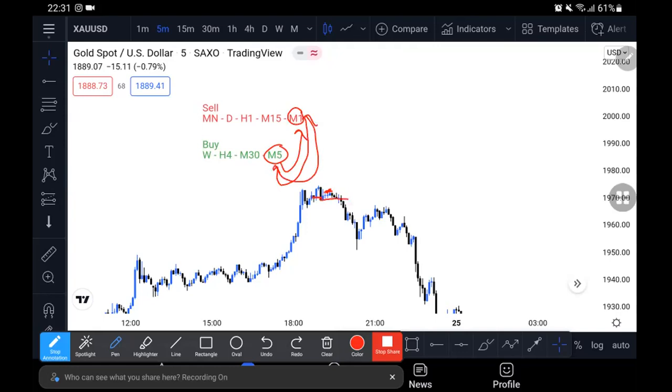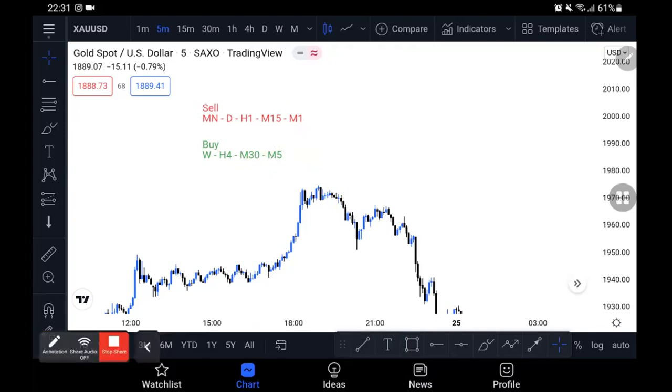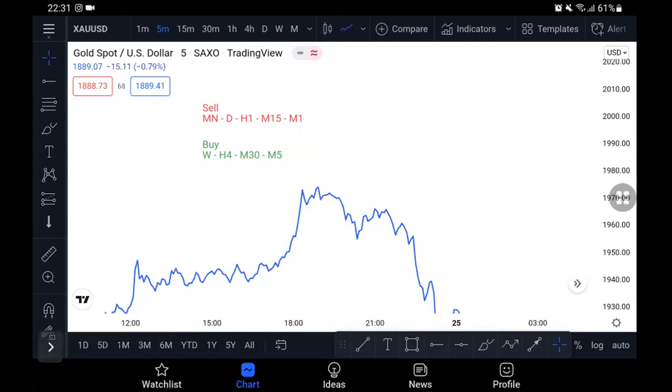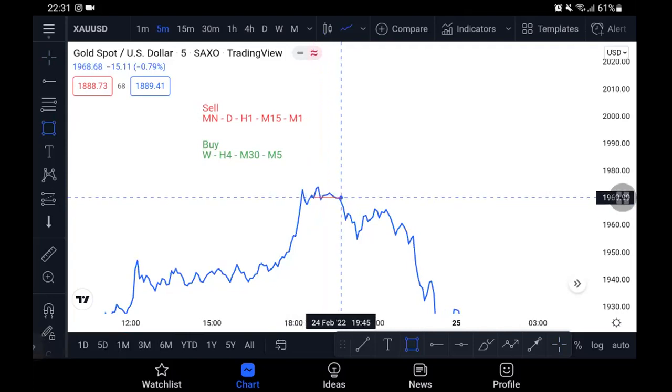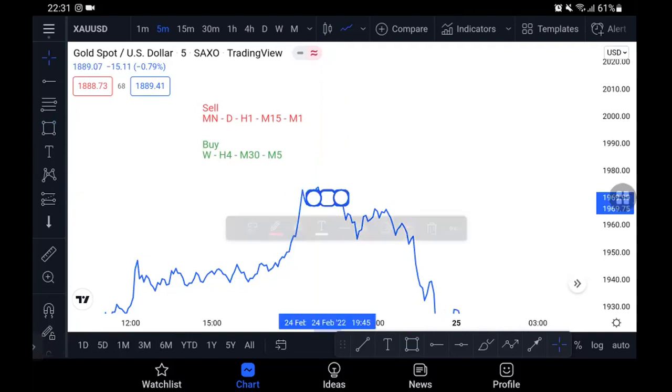And after, let's say, the price moves a bit, they're gonna look whether M30 is broken or not. So let's switch to M30 for that. So we just mark the breakout. Okay, this is the M5.